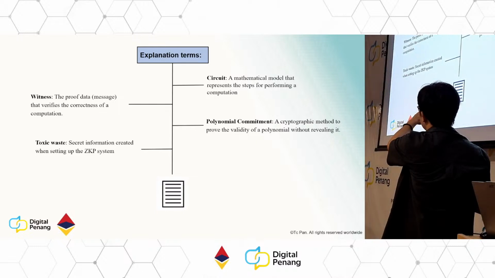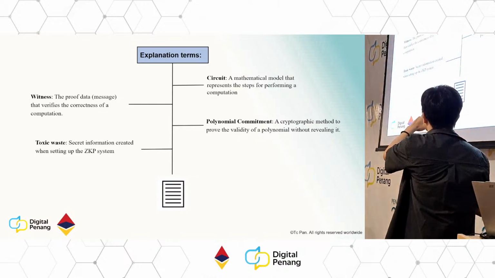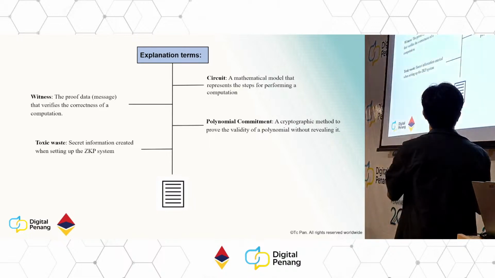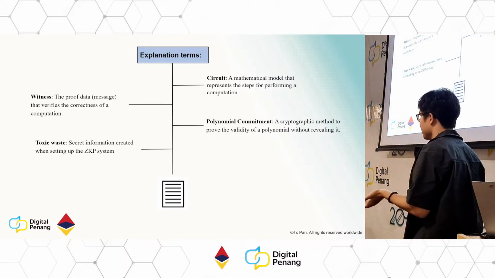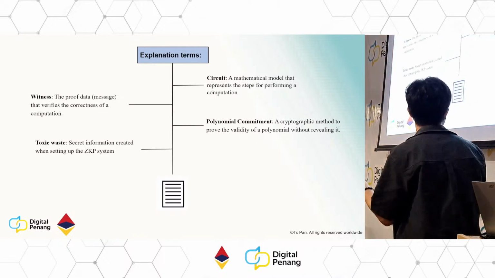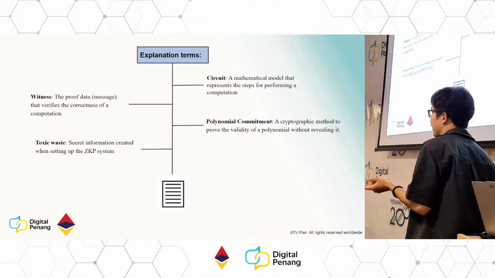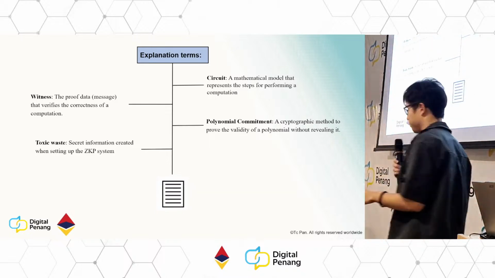This has to be deleted once the ZK system has been set up. And the circuit is a mathematical model that represents the steps for performing a computation. And polynomial commitment, which sounds a bit mathematical, but it's actually a cryptographic method to prove the validity of a polynomial without revealing it.